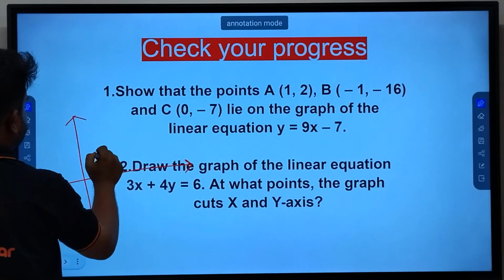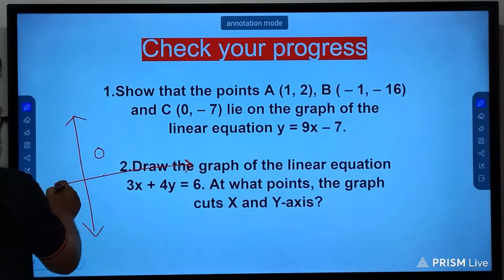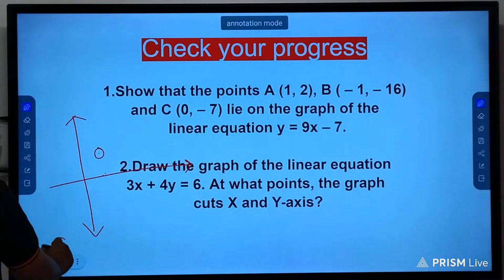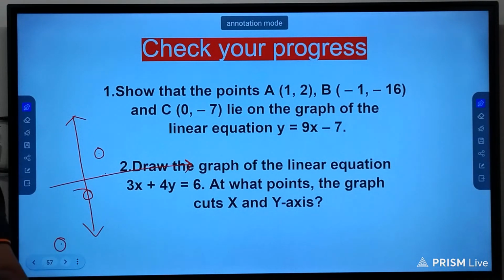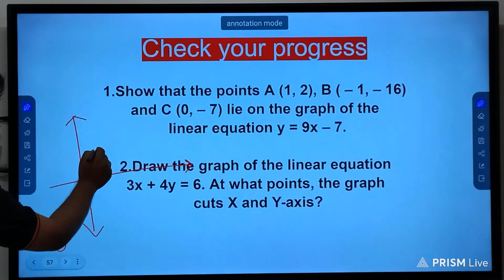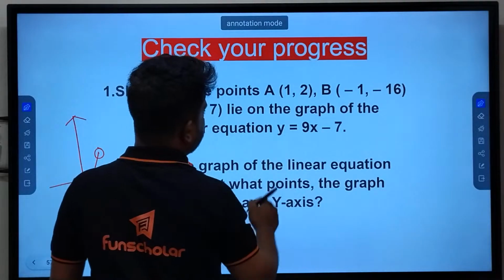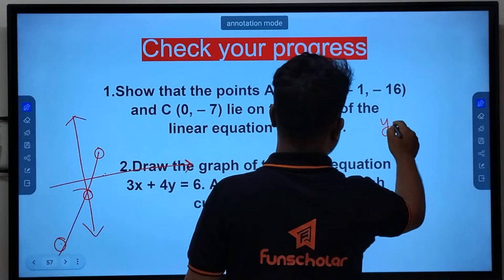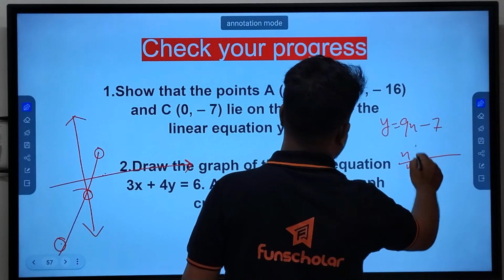And for number 1, we have to plot all the points. First of all, 1 comma 2 will be like this, 1 comma 16 will be like here, and 0 comma -7 will be like here. Then we have to draw the line. Again for the equation y equals 9x minus 7, we have to find the points.